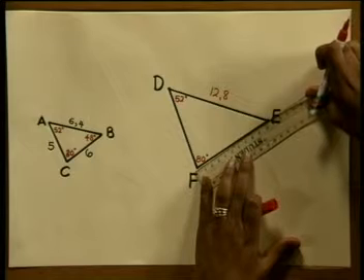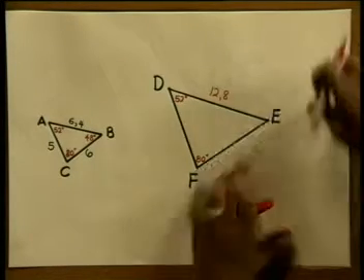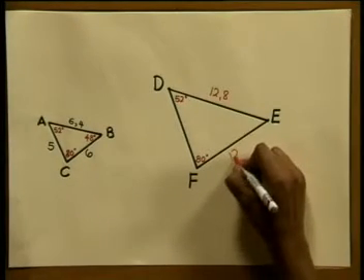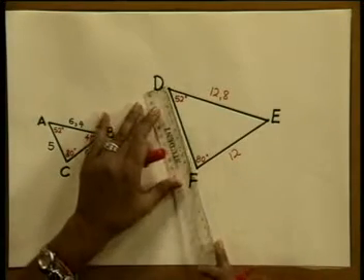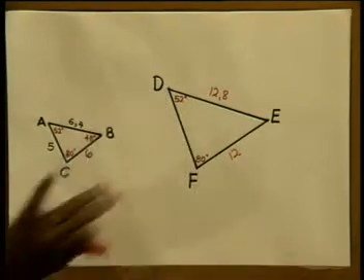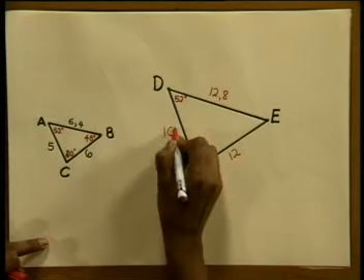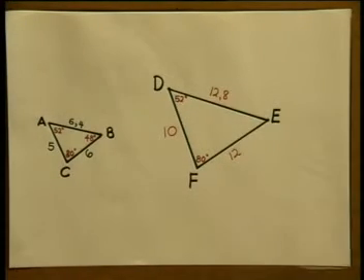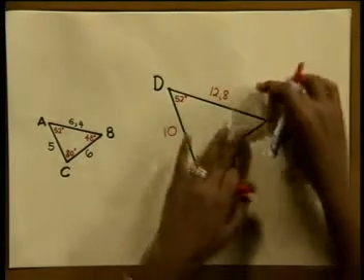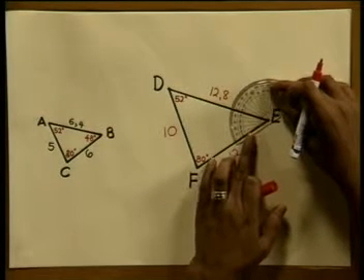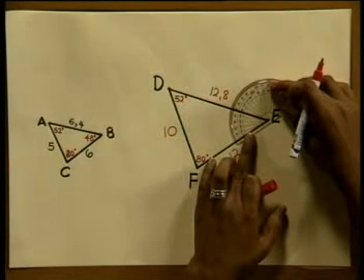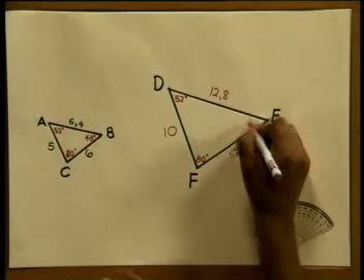FE measures 12 centimeters. And our last side, DF, measures 10 centimeters. Let's use our protractor and measure angle E. Angle E measures 48 degrees.